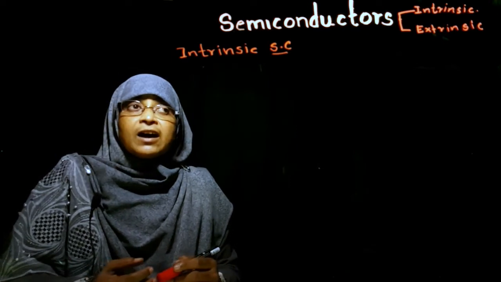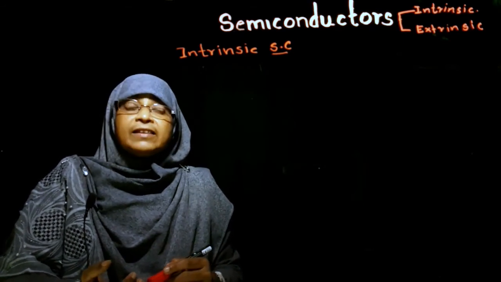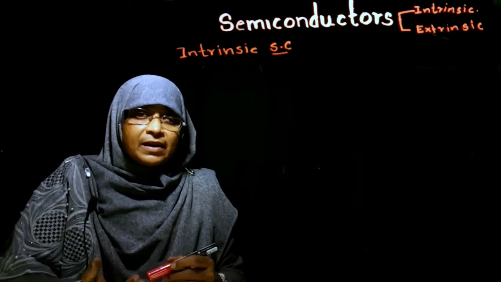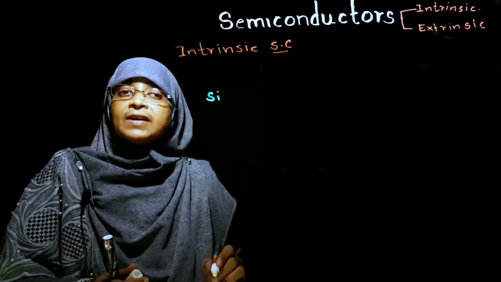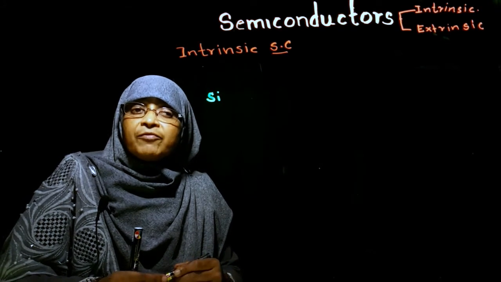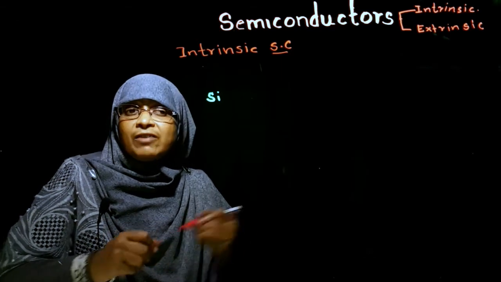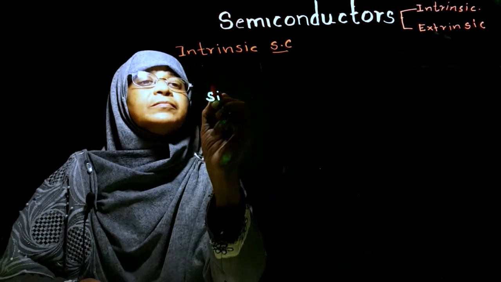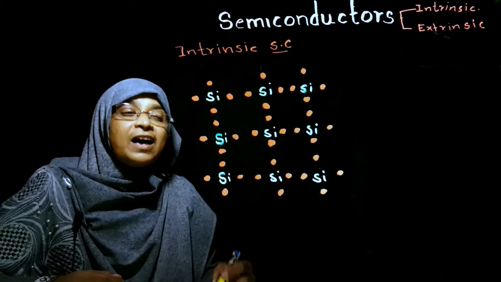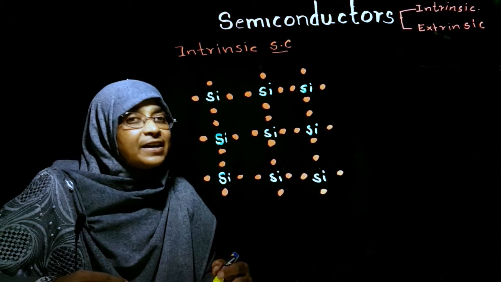Now let's see how these intrinsic semiconductors form a lattice. I take silicon as the first example. As silicon belongs to group 4, there are 4 electrons in the outermost shell of silicon. This is how silicon atoms are arranged in a silicon lattice.